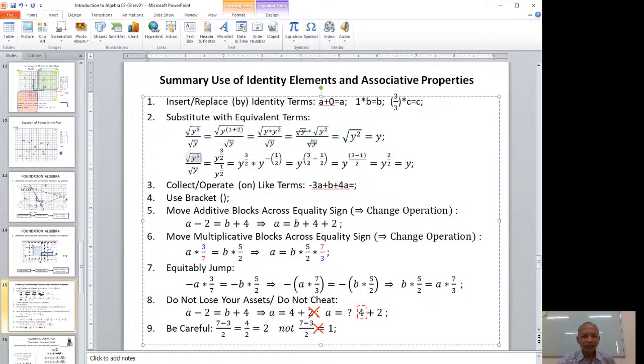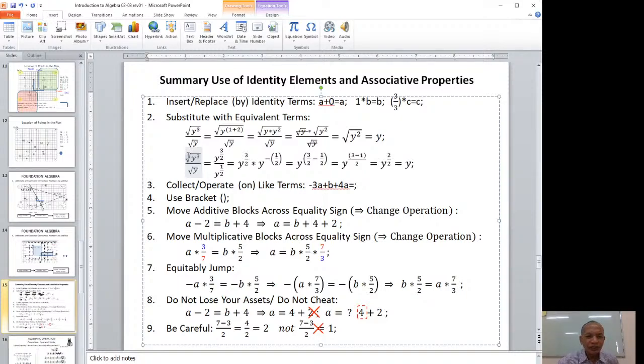On the other way, we replace by exponent. Square root of y square is y, power 3 over 2 because the root here is index 2.